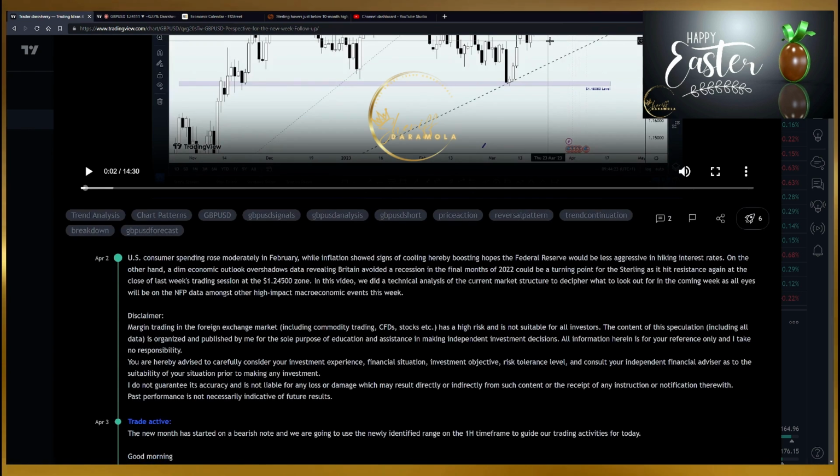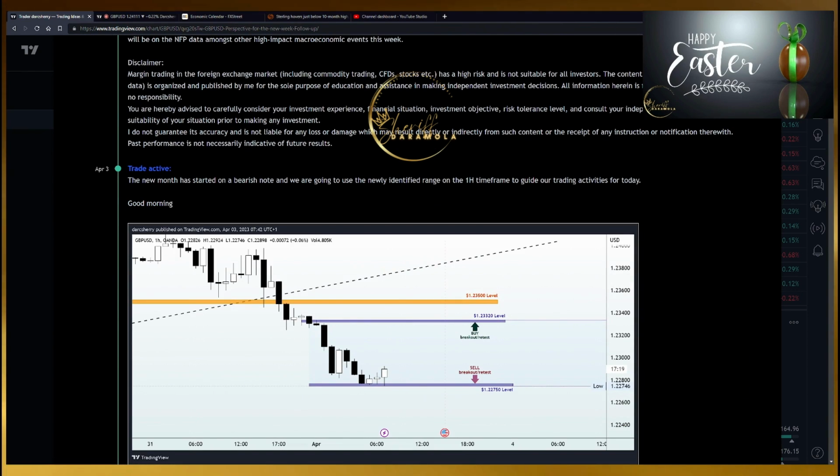So talking about last week's trading session, these were the commentaries I shared during the course of the week. At the beginning of the week, we saw how price action started on a bearish note, resuming around the 1.23320 level, breaking down both the 1.235 and that bullish trend line we identified on the higher time frame.